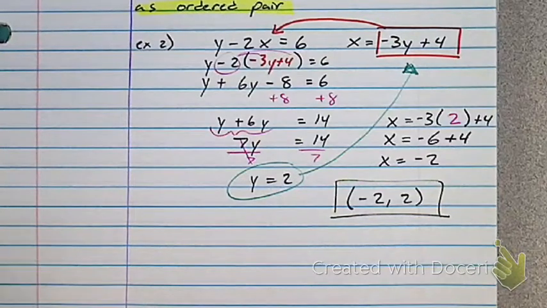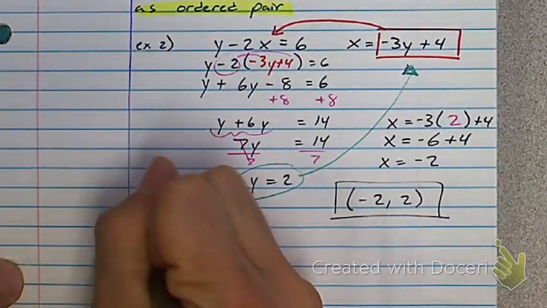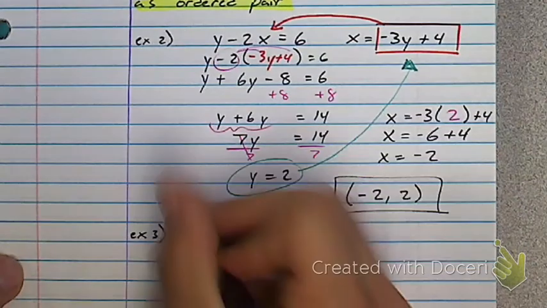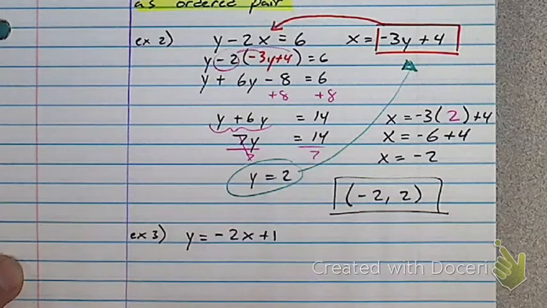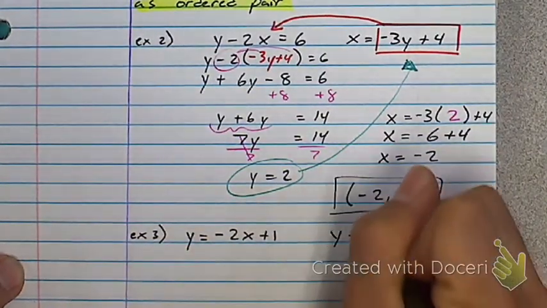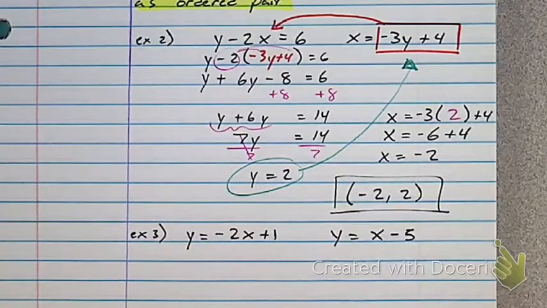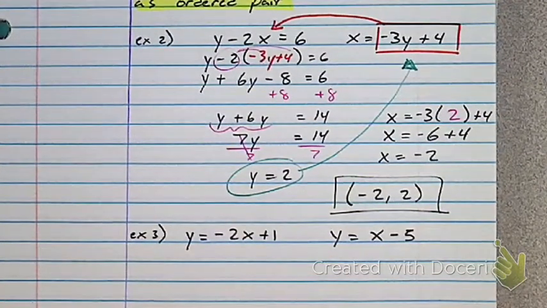And example 3. Which one do I pick? Anyone. So, here's what is happening.